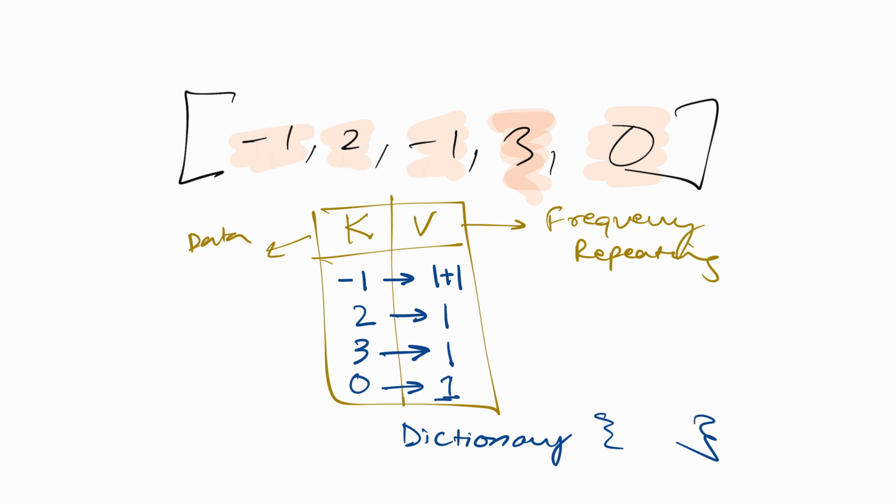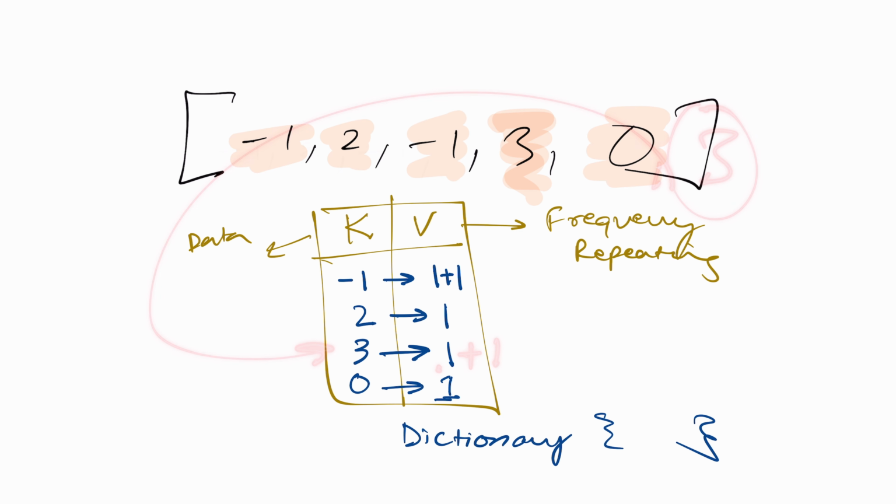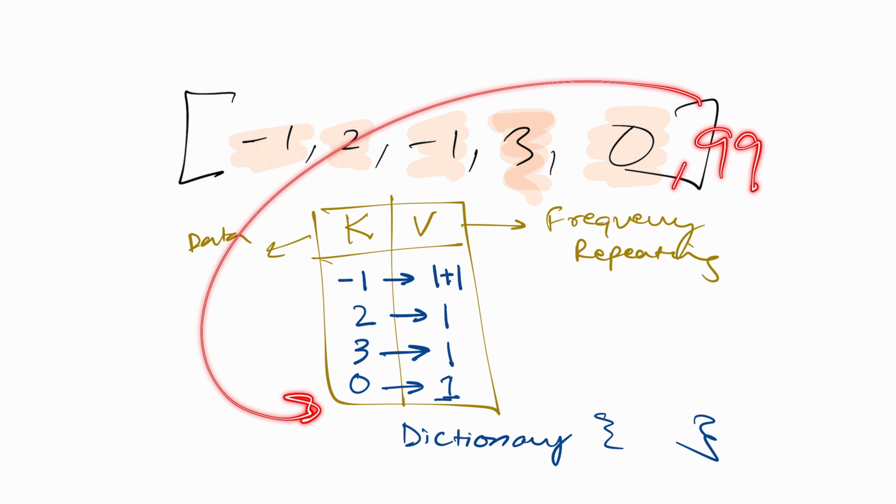For example, let's consider I have one more time 3. So by the time I reach here, I will check this one. Is it there? Yes, it was there with value 1. So I will add +1. If I am having the data 99, is it there? No. That means I will create a key and the value is 1.